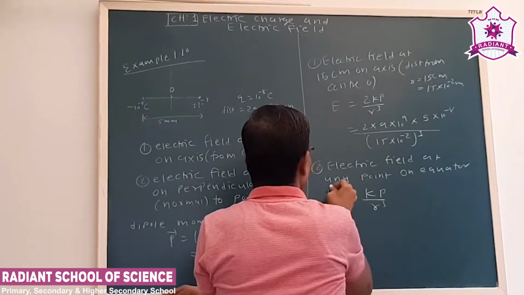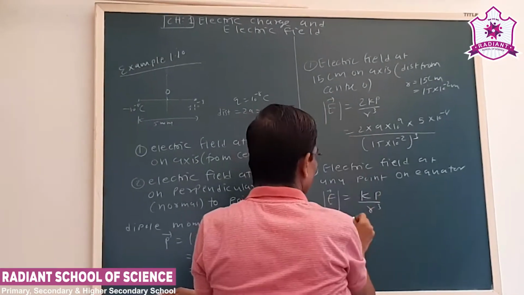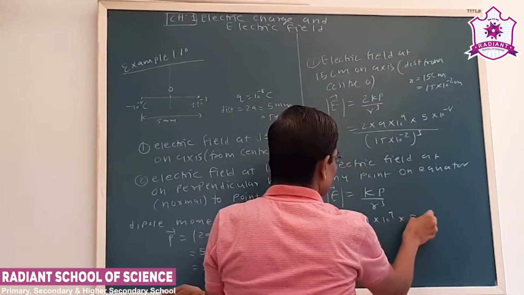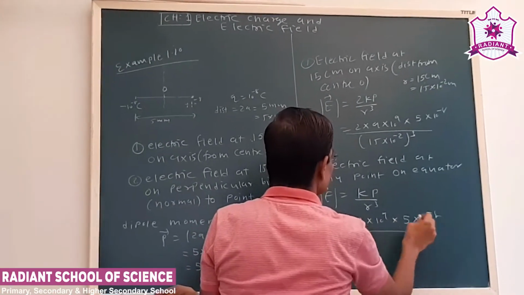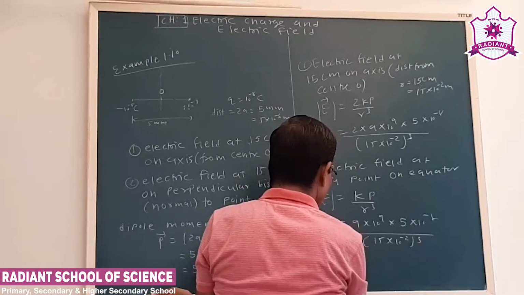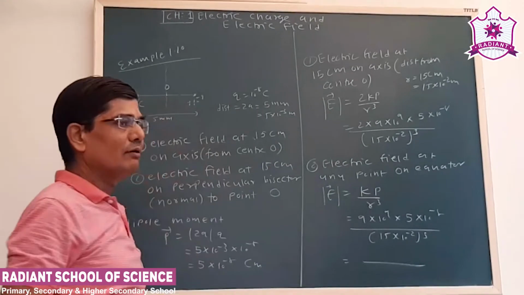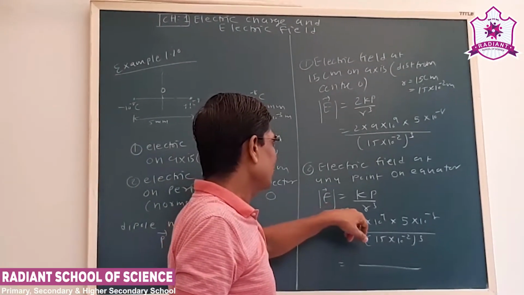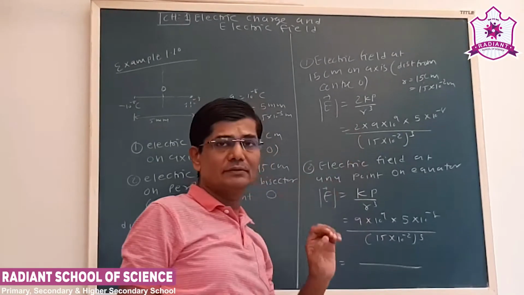We write only the magnitude part. So 9 into 10 to the 9, p is 5 into. Now what we see, the electric field at any point on the equator will be half of the electric field on the axis.